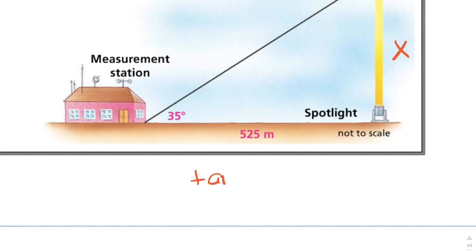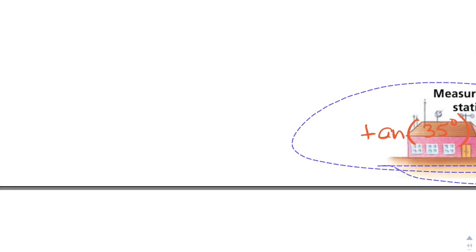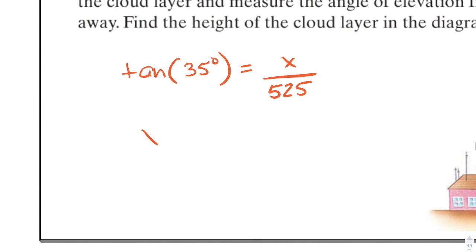Tangent of 35 degrees equals opposite over adjacent, in meters. So x equals 525 times tangent of 35 degrees.